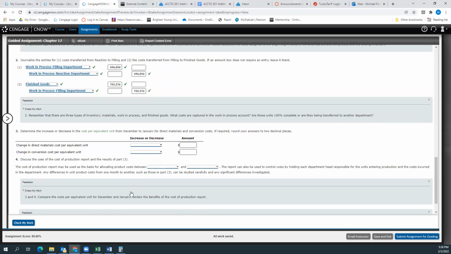And now the last part where it says, determine the increase or decrease in the cost per equivalent unit from December to January for direct materials and conversion costs. If required, round your answers to 2 decimal places. So we're looking for the change in direct materials cost per equivalent unit and the change in conversion cost per equivalent unit.